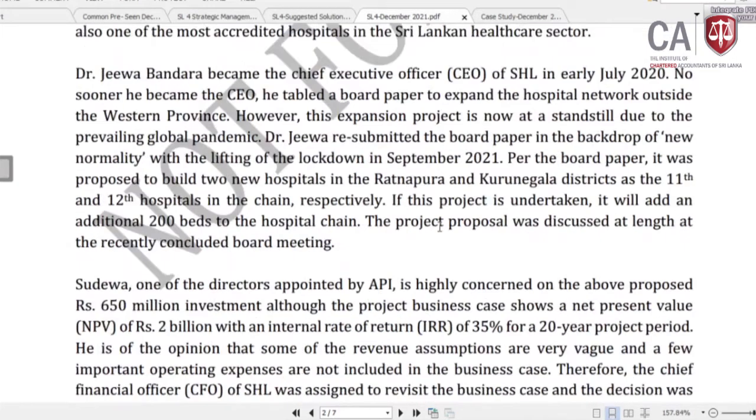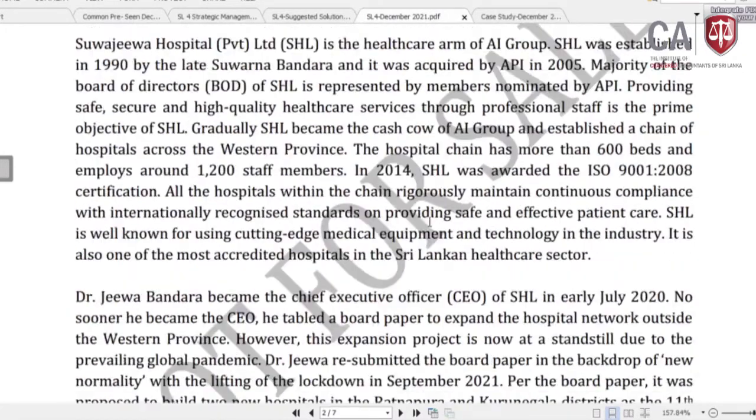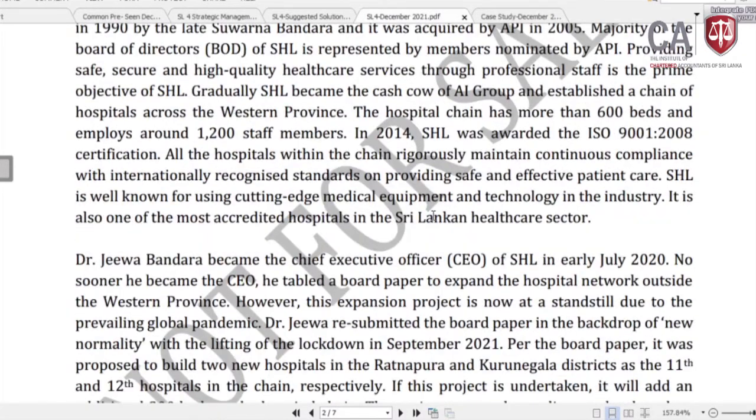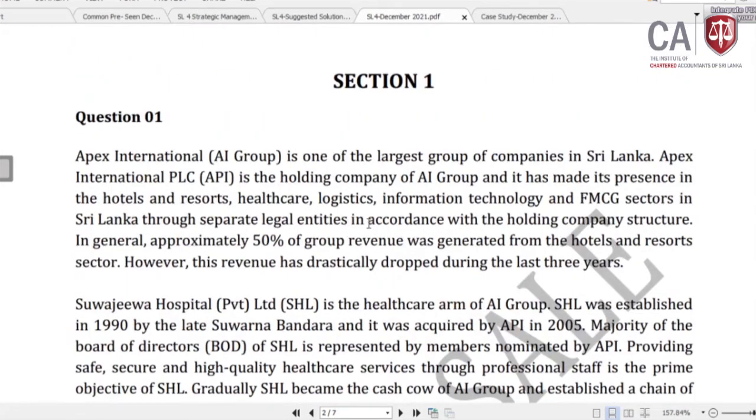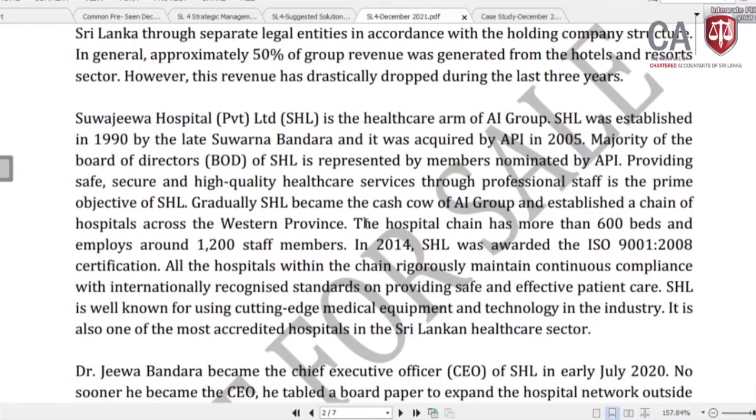Then what are the strengths of this? Examples for strength: being owned by a large group of companies should be a strength, right. Then an experienced company, because this company was established in 1990, it is more than 30 years in the industry, right. Anything else? It's a cash cow, meaning they have a positive cash flow, a strength.